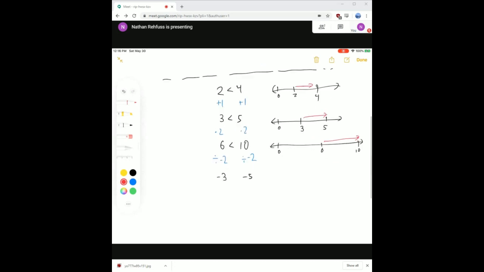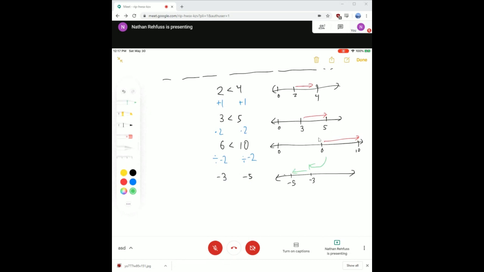But when you multiply or divide by a negative number, that's like flipping this whole thing over. 6 was to the left of 10, but negative 3 is to the right of negative 5. So when I multiply by a negative number, going from 3 is to the left of 5 to flip that whole thing over, negative 3 is to the right of negative 5.